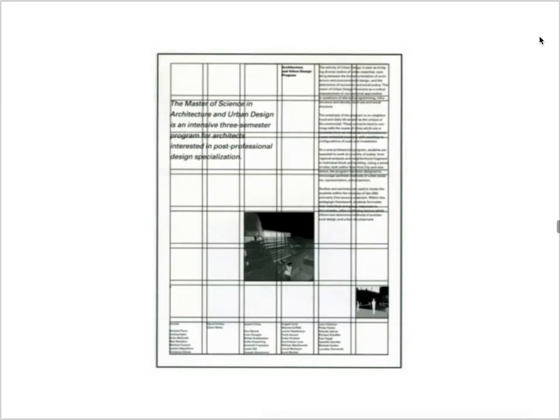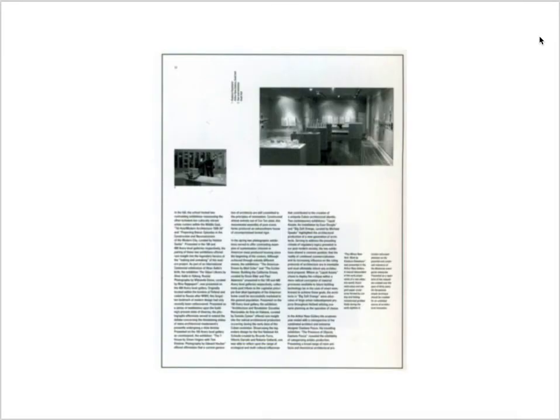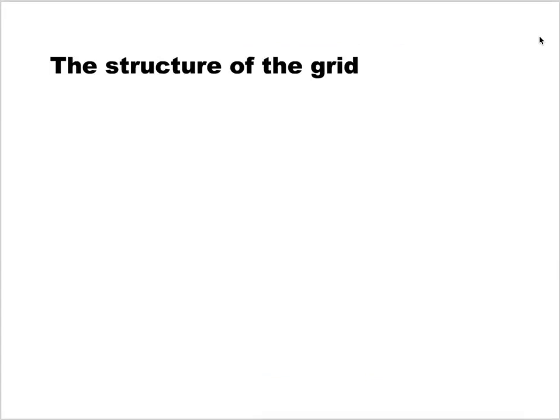Here are some more examples of printed material, magazine layouts that are underpinned by simple gridded structures. Once we become aware of the potential for grids, it's quite easy to see them, or to imagine them, sitting under documents, screen layouts and so on.